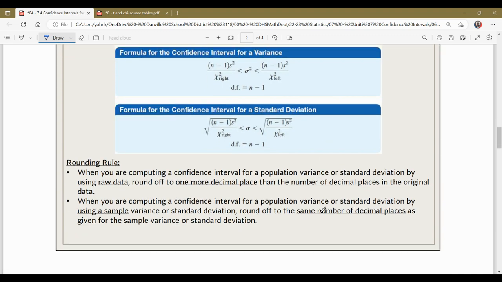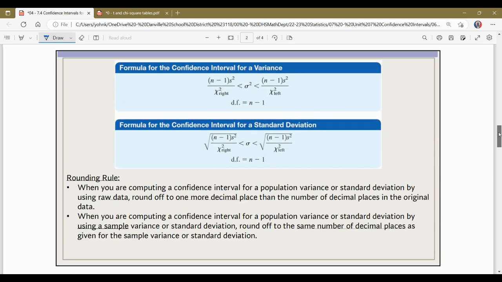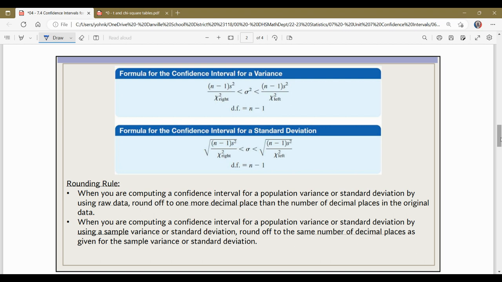All right, here are the formulas for the confidence interval for variance and standard deviation. Don't freak out too much. The only difference between the one for variance and the one for standard deviation is that standard deviation has square roots in it. Also notice that the top sides of each fraction are the exact same.